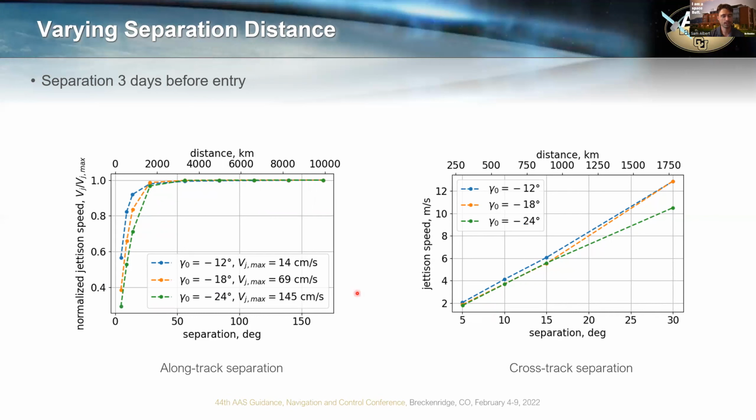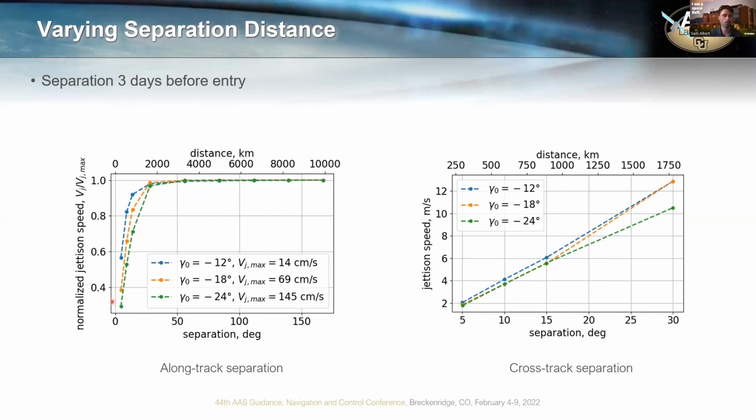On the left, first of all, in this case, the jettison speeds have been normalized to show that the shape of these curves is very similar. But it is important to note that they are significantly offset as a result of the different entry flight path angles of their approach trajectory.